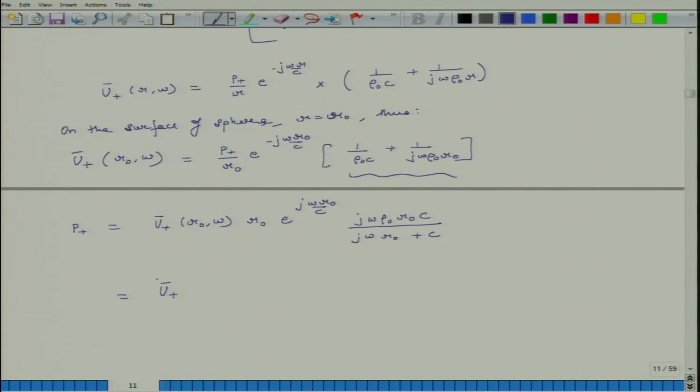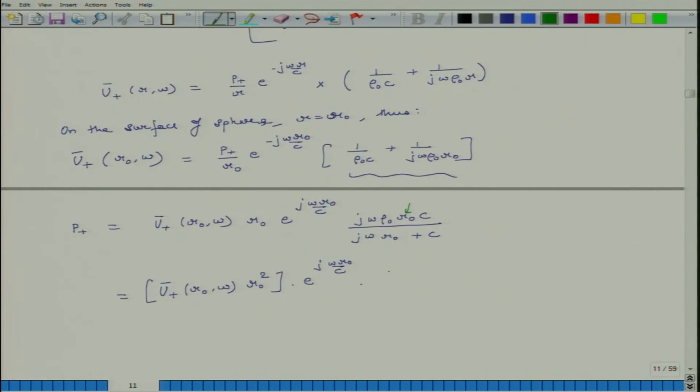So, I get u plus bar evaluated on the surface of the sphere times r naught square. This is one thing, times exponent j omega r naught divided by c. So, r naught I have taken out, see this was the r naught, that r naught I have moved in the sphere, right.